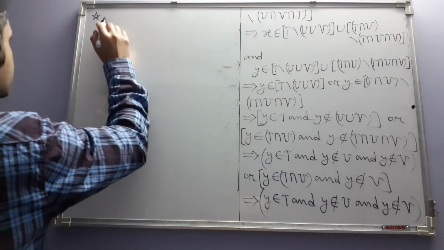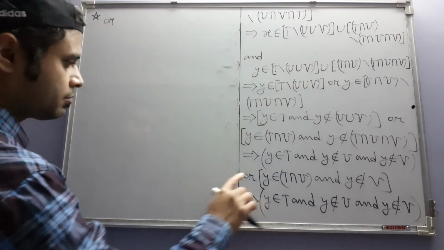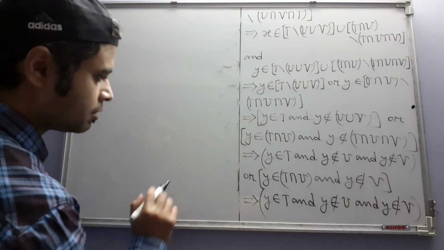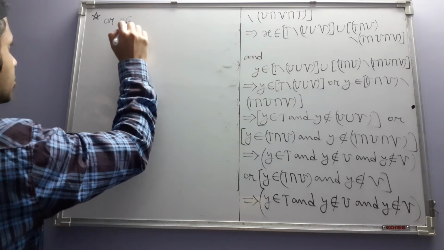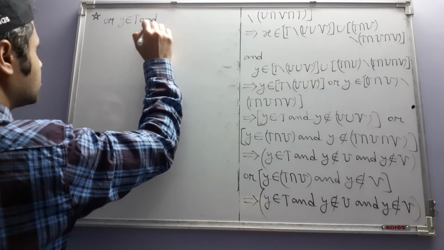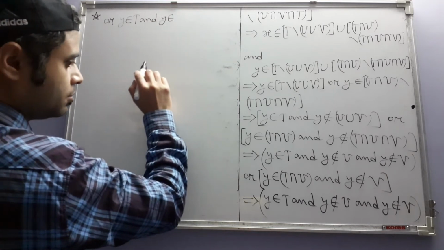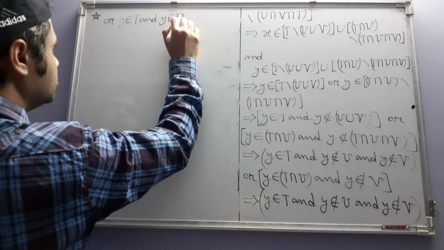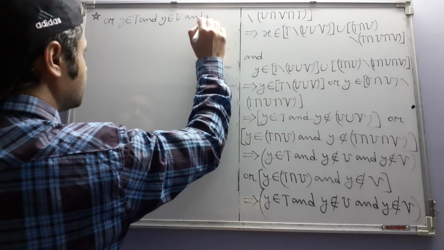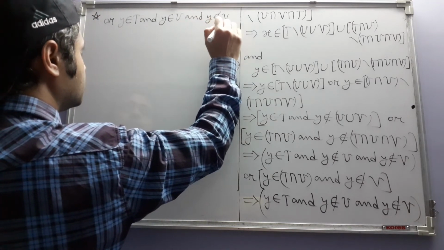Or now we have this, which can be written more elaborately like this, and y belongs to u and y does not belong to v.